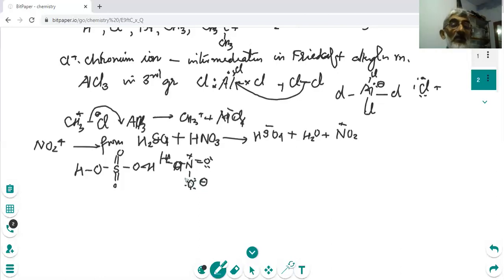Now, see here, this lone pair of electrons can attack this hydrogen, which has a single bond. What is the result of this?